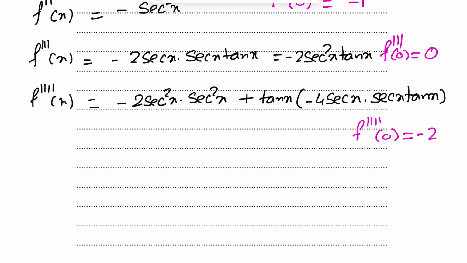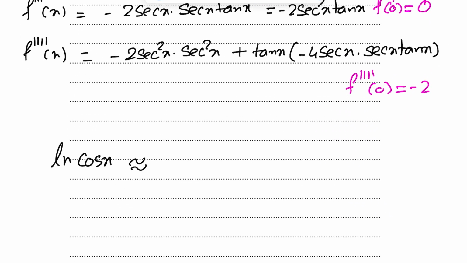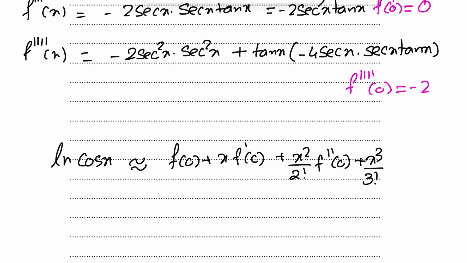So what will be my series now? ln cos x is approximately equal to, first term becomes 0, now second term also became 0. The third term is the third derivative, or if you want to write it out, it will be f of 0 plus x times f prime 0 plus x square upon 2 factorial times second derivative plus x cube upon 3 factorial times third derivative and x power 4 upon 4 factorial times fourth derivative.